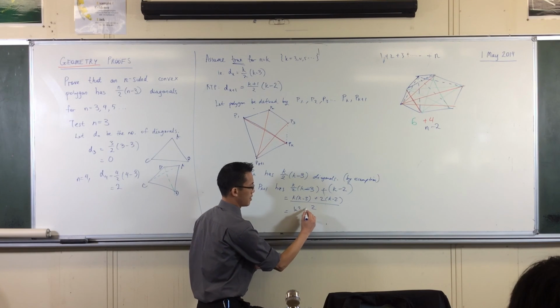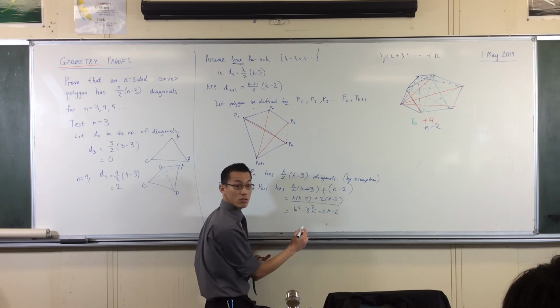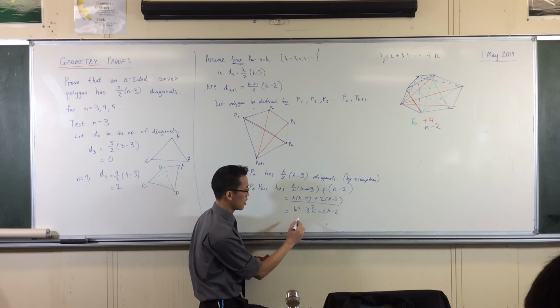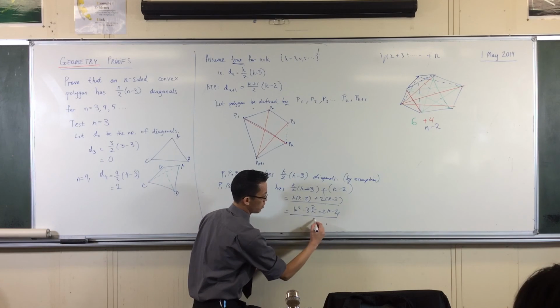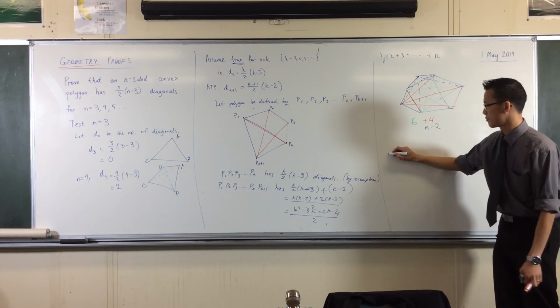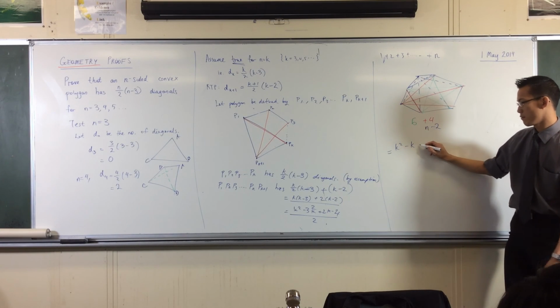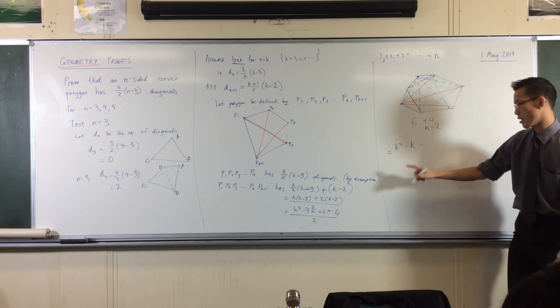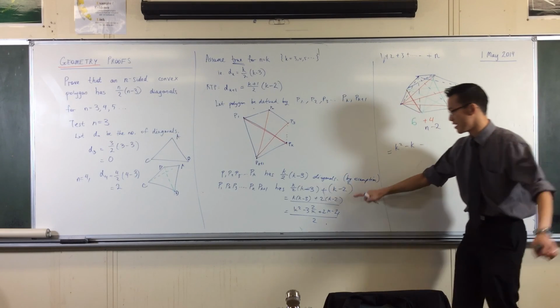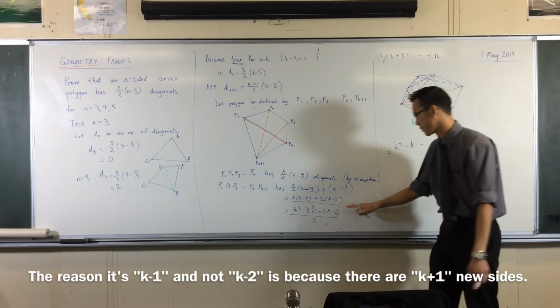K squared minus 3k plus 2k minus 4, sorry, thank you, all on 2. K squared still there, minus k minus, wait, sorry, have I missed something? Yes. This is minus 1, isn't it?